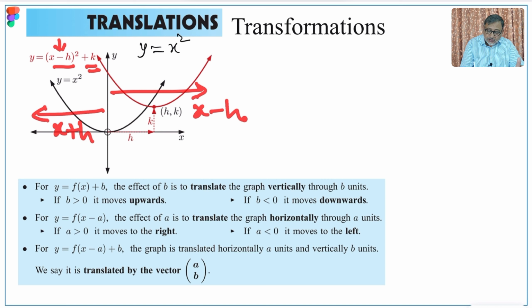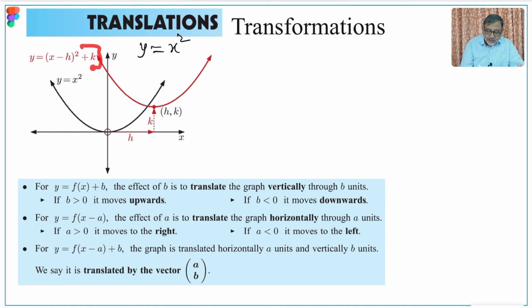But for the constant k, which is added to the whole function, we change the value of y. When you add, it will go up. So when k is added, the graph shifts up by k units.